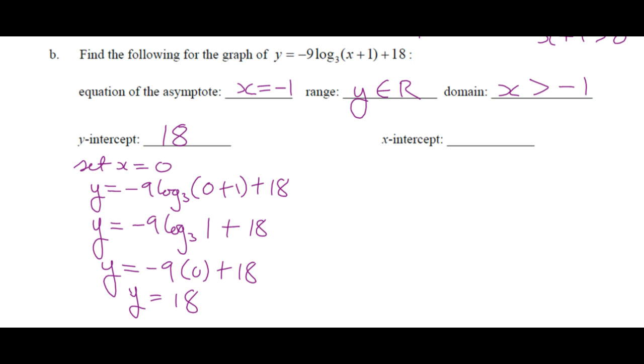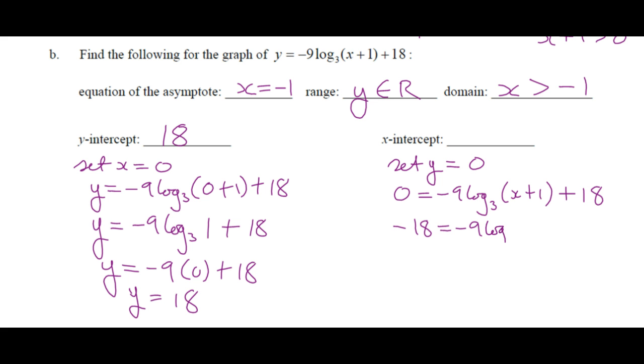Okay. How do we get the x-intercept? Set y to 0. Okay, so subtract 18 from both sides. Divide both sides by negative 9. And then say, I can't do this.